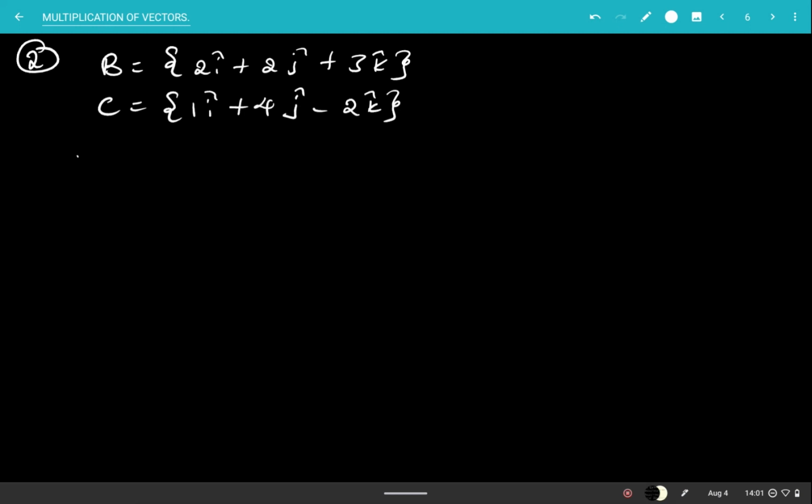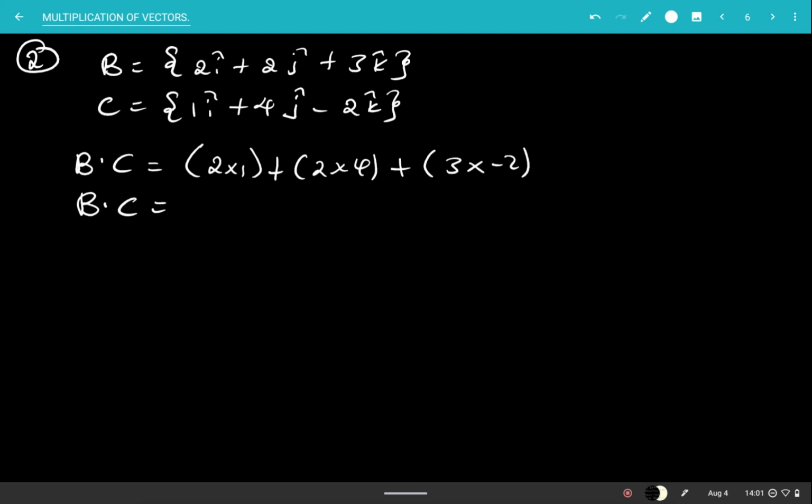Applying the dot product here, finding B dotted with C. Remember, those in the i with those in the i, so 2 times 1, plus those in the j with those in the j, so 2 times 4, plus those in the k with those in the k, so 3 times negative 2. So B dotted with C will give you 2 plus 8 minus 6. That's 2 plus 8, that's 10, minus 6, that's 4. So you get 4 as your value.